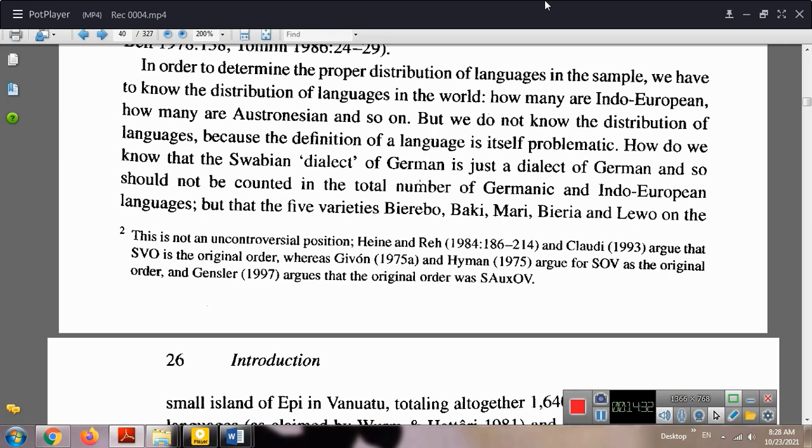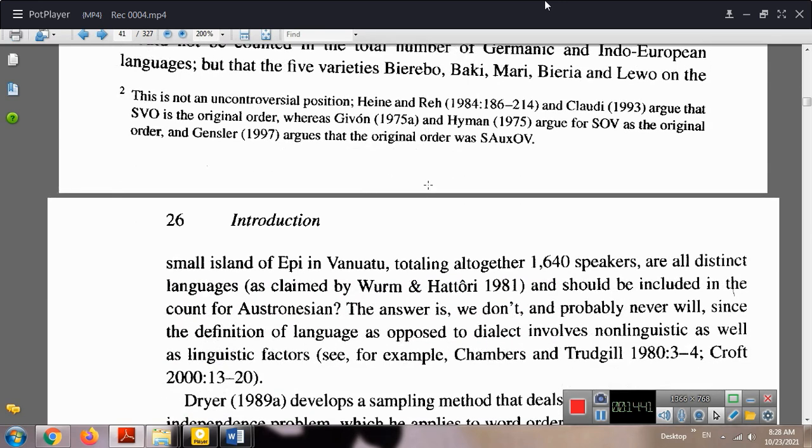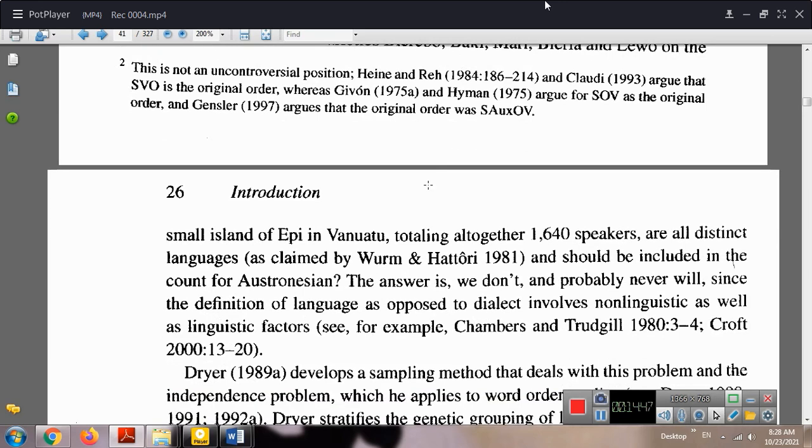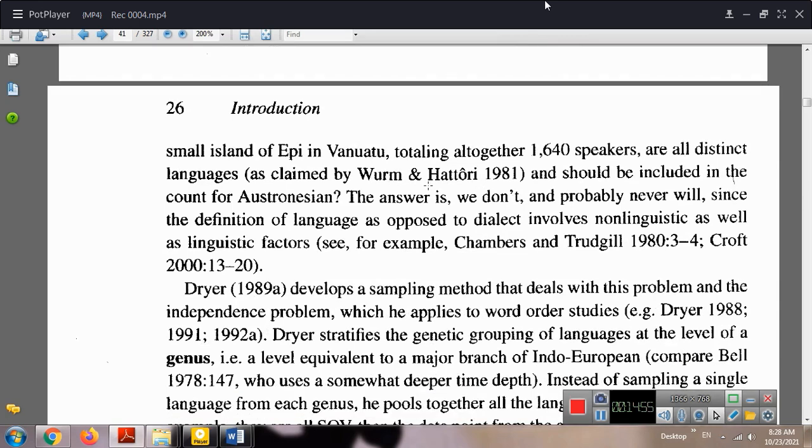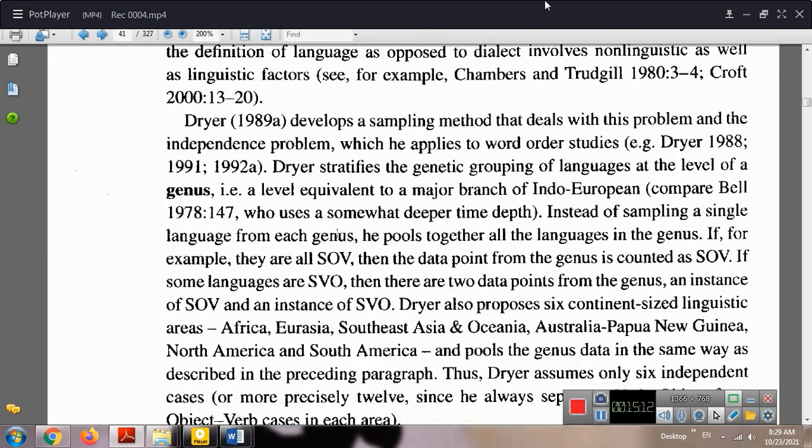But that the five varieties Bayerbo, Baki, Mary, Bayeria, and Lo on the small island of Ipi in Vanuatu, totaling altogether 1,640 speakers, are all distinct languages and should be included in the count of Austronesian? The answer is we don't know, and probably never will, since the definition of language as opposed to dialect involves non-linguistic as well as linguistic factors.